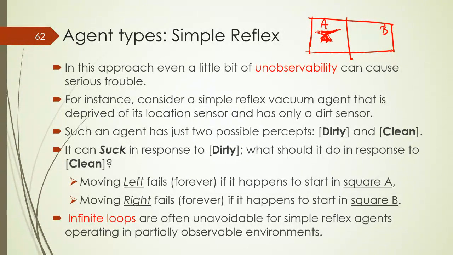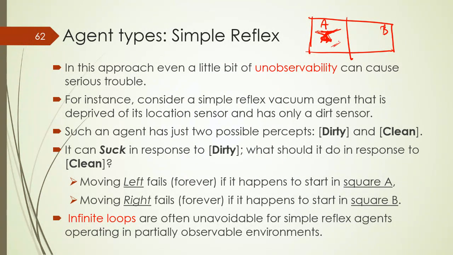If you assume that there is a problem in observing the environment, for instance, this vacuum cleaner has lost its sense of location, you know, because of the sensor, or because of some environment problem, or it didn't have it at the beginning. Okay, so the problem is it just has two possible percepts, either dirty or clean.